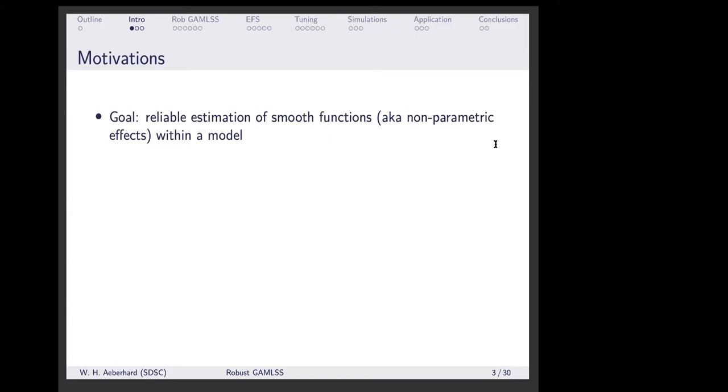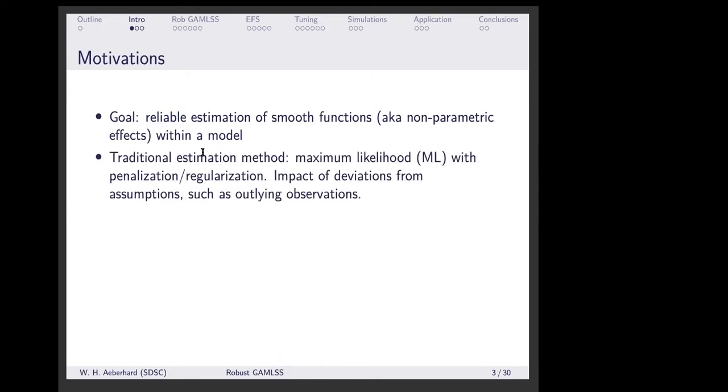So those non-parametric effects would be the effects of these covariates on the response variable. Now, there is a key word here. We want to do this estimation of smooth functions in a reliable way. And reliable is, of course, the important one, which refers to robustness, which is the main topic of this talk. And I'll define it a bit more in detail in a minute.